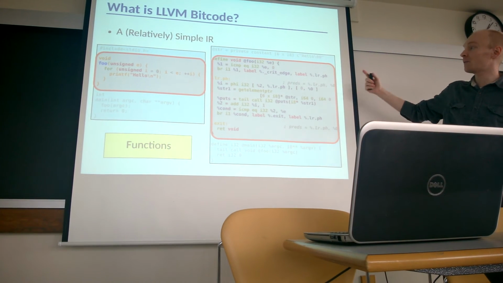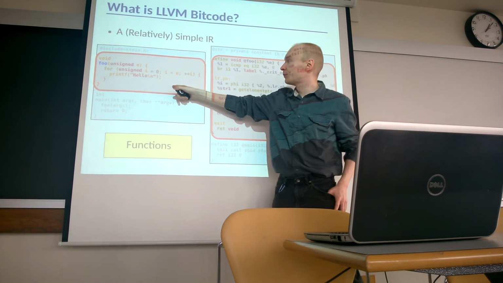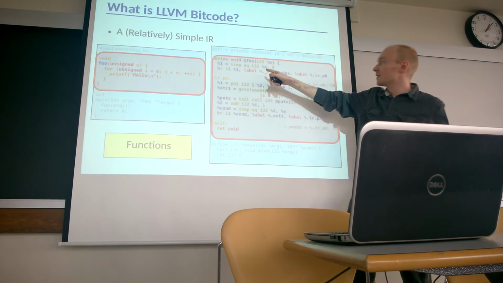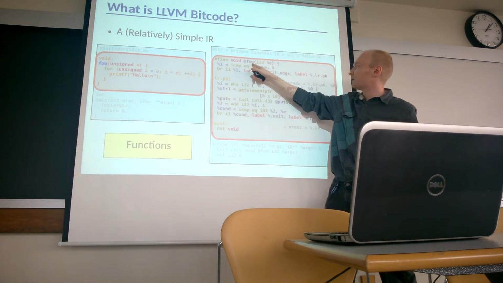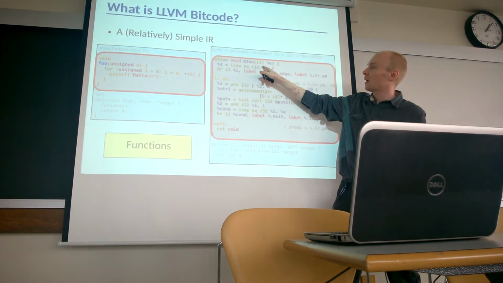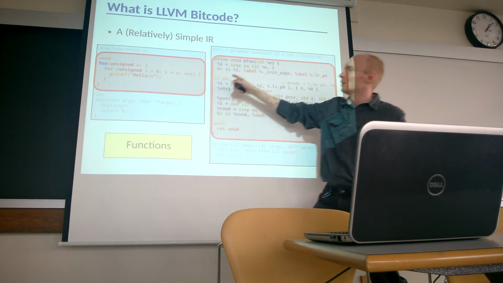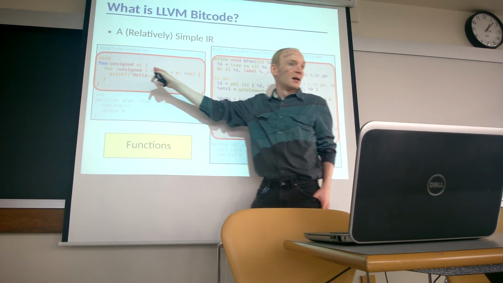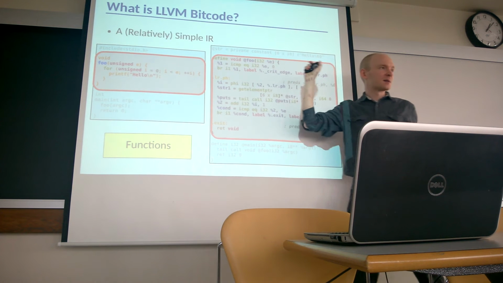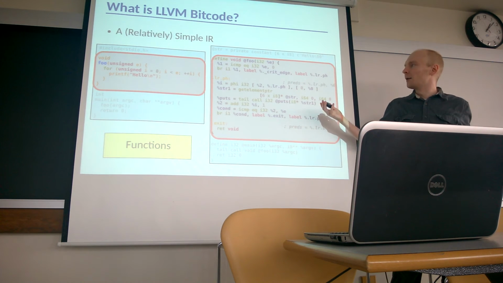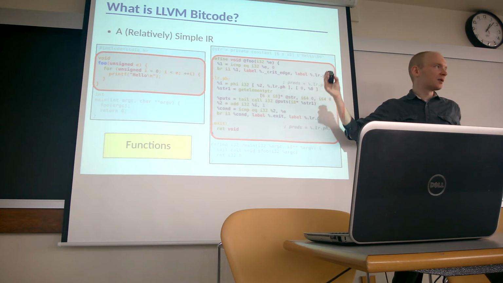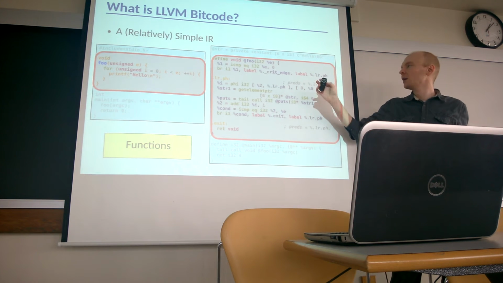We can see things like functions. So we have a function foo over here, and over here, we can see define void foo. We can see the arguments, i32. Over here, it was unsigned. This means that I compiled it in a system that says an unsigned integer is 32 bits, which is good, it should be.